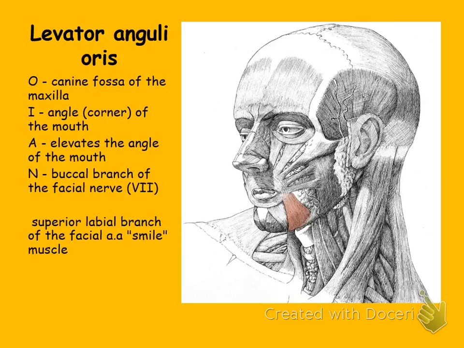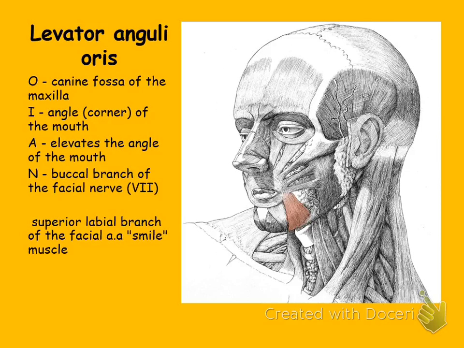You can feel a bump where your canine is, and right next to that is where the canine fossa is. It inserts on the angle of the corner of the mouth, and it elevates the corners of your mouth. Another smiling muscle. Helps you bring that smile up. The nerve is the buccal branch of the facial nerve.